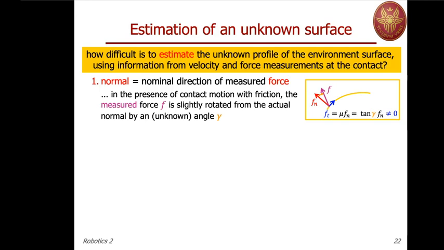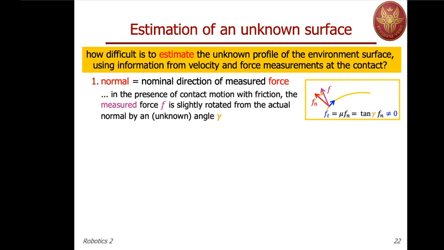And in fact this coefficient mu can be given the form of a tangent of an angle, and the angle gamma is what is killing us, in a sense. We would like gamma to be 0, but in fact it's different from 0, and we have a tangential force in our measurement which is not consistent with the geometric model.